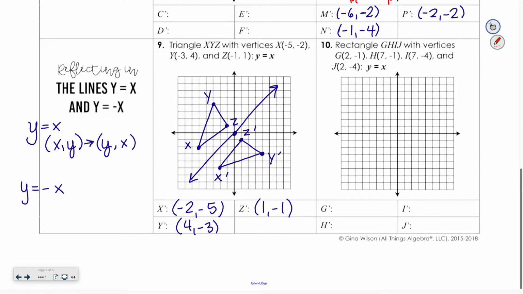Now, I'm going to write the rule here for this one, but the next one we're going to do is going to be a y equals -x one. So, for y equals x, you just flip the order. For y equals -x, flip the order and change the sign: (-y, -x).